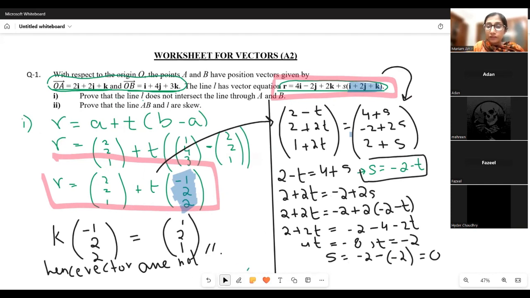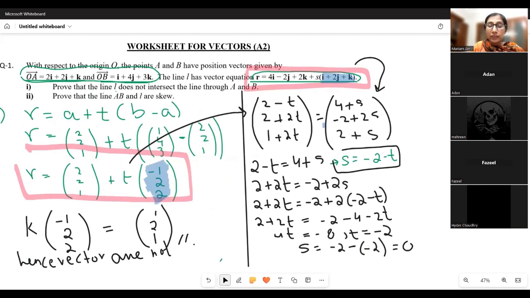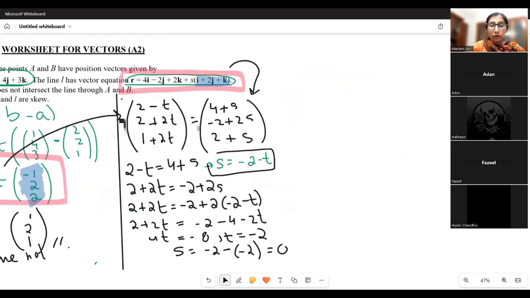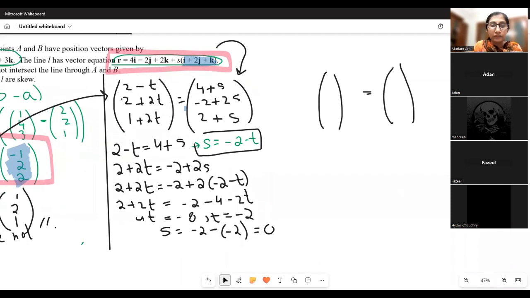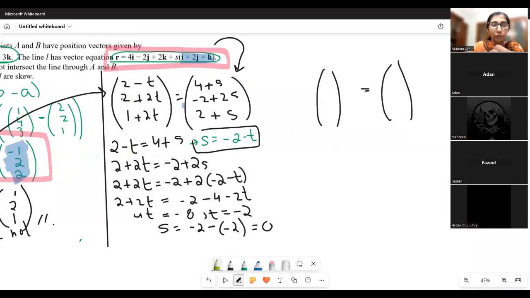Now, for these two values of s and t, let's find the three coordinates. 2 minus t would be 4. 2 plus 2t would be minus 2.